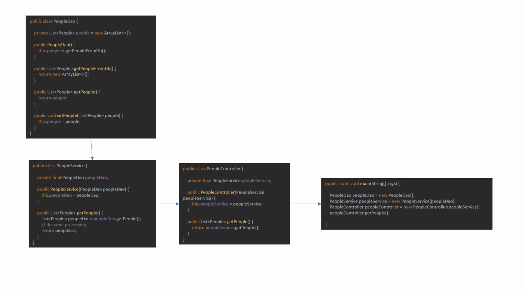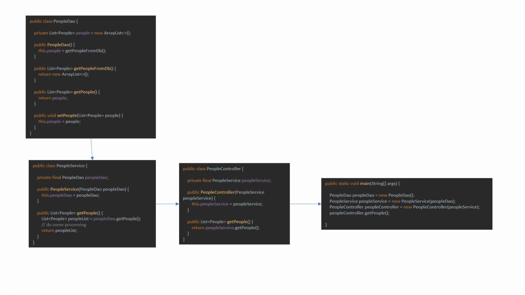So you will also need to create a new instance of people service. And the functionality of people service is dependent on the people DAO. So you also need to create a new instance of people DAO. And you will need to create all these necessary objects to just call this simple method.